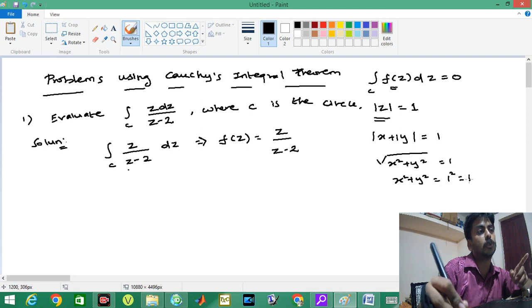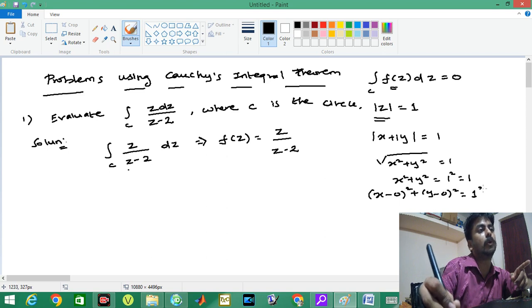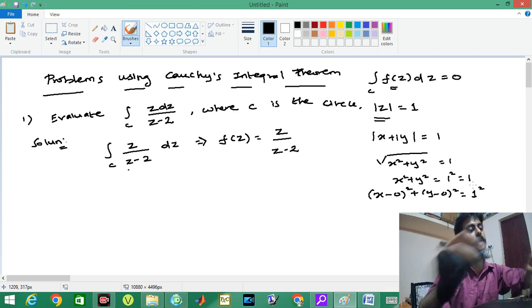It can be further written as x minus 0 the whole square plus y minus 0 the whole square equals 1 square.